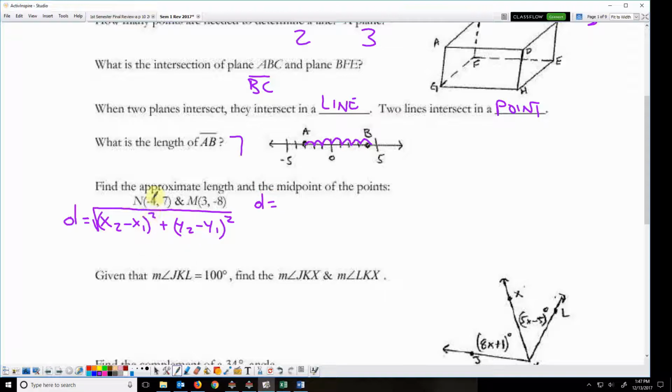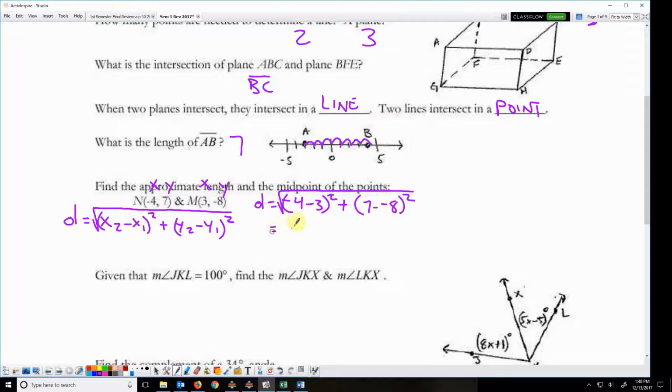The x's are the first numbers, the y's are the second numbers. It doesn't matter which order I do this in. So for x minus x, I can do negative 4 minus 3 squared, plus, and then y minus y, 7 minus negative 8 squared, all under 1 radical.